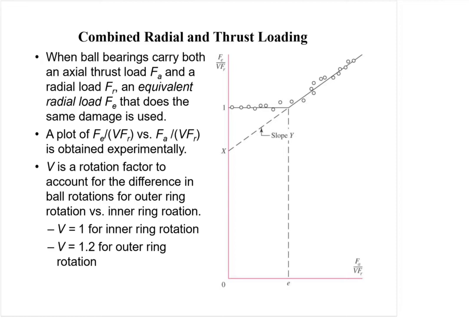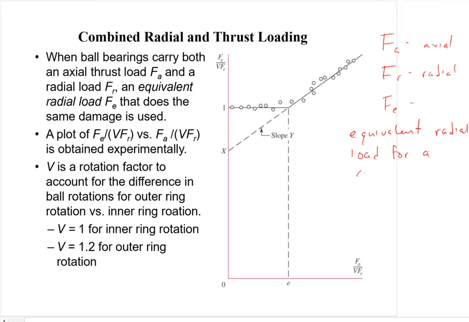So we have FA, your axial load, and FR, the radial load, and FE, this is the equivalent radial load for a combined FA and FR.